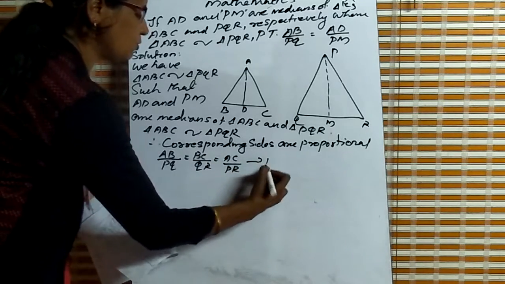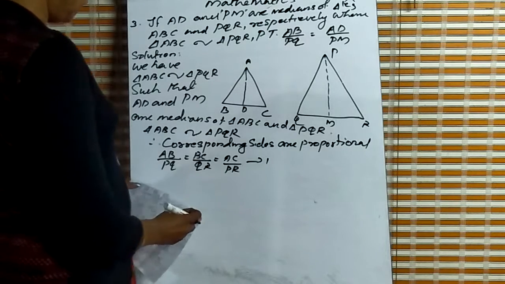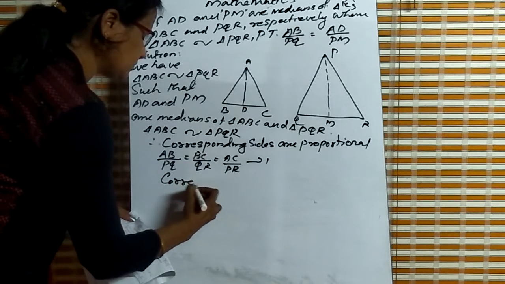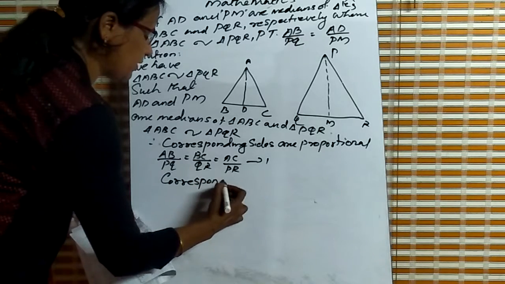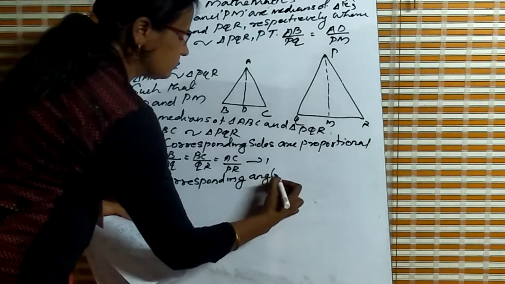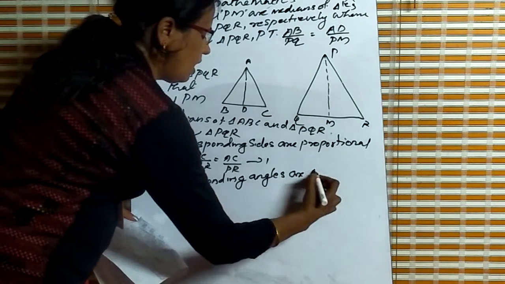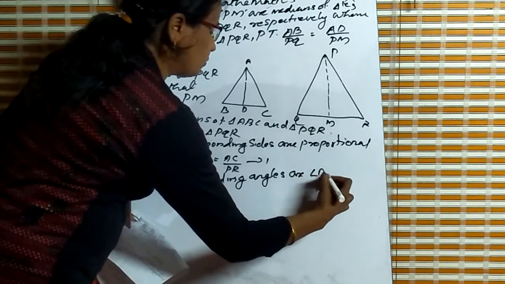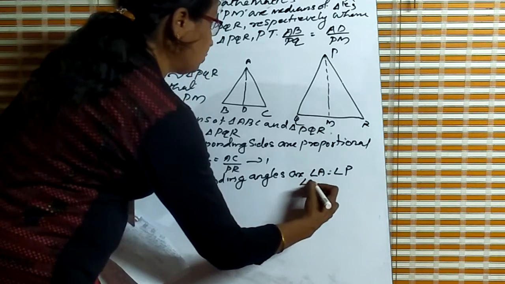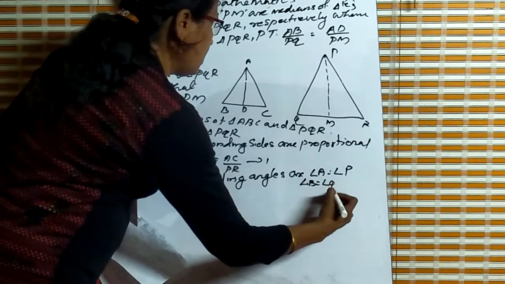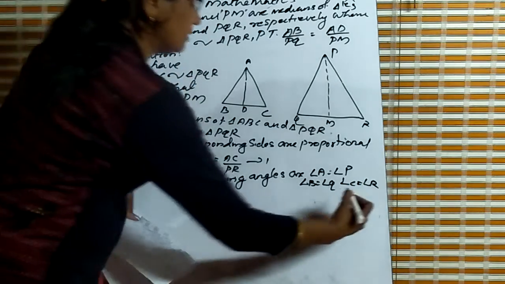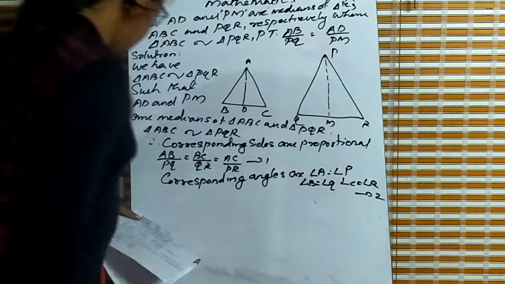This is equation 1. Then, what about its corresponding angles? Corresponding angles are angle A is equal to angle P, angle B is equal to angle Q, and angle C is equal to angle R. This is equation 2.